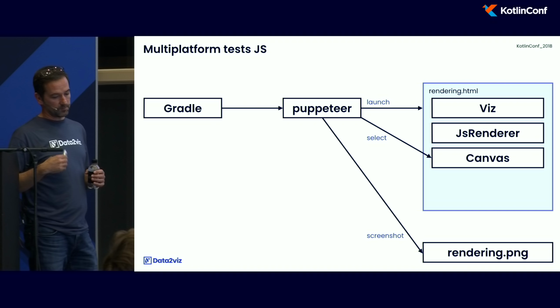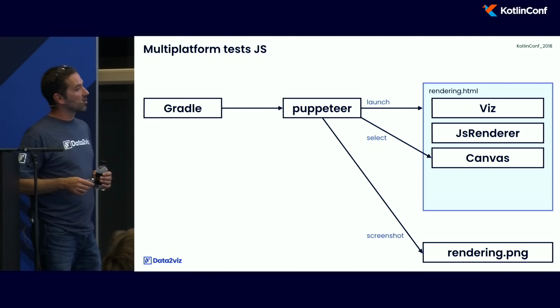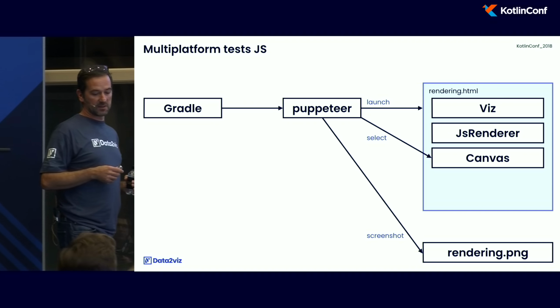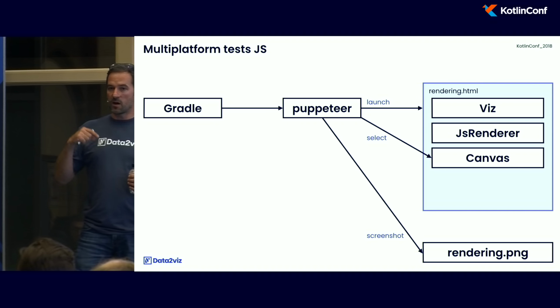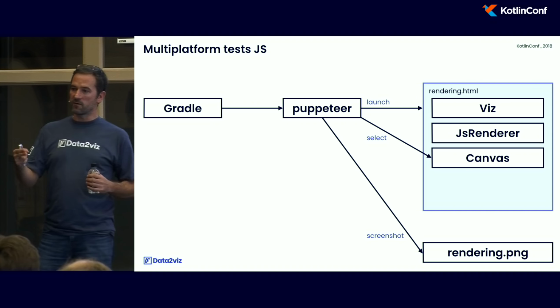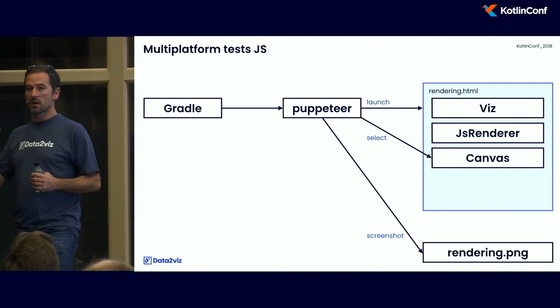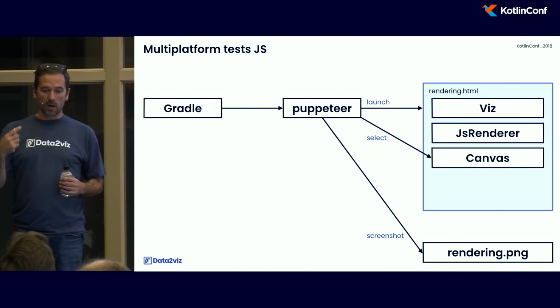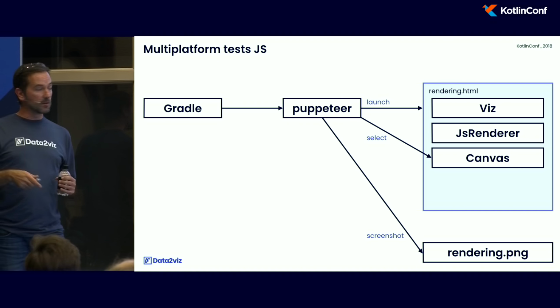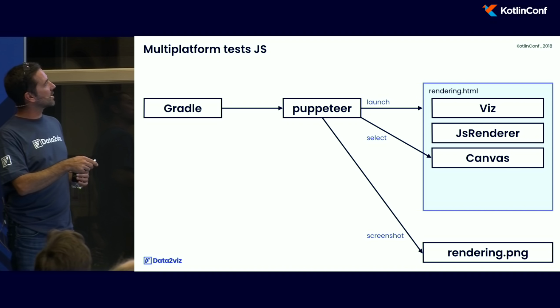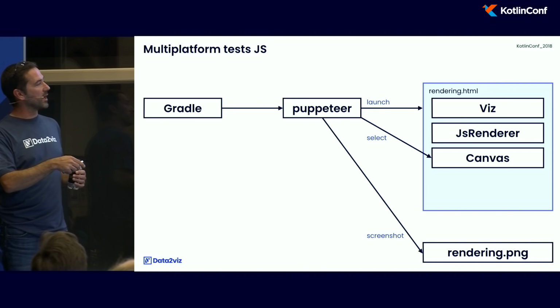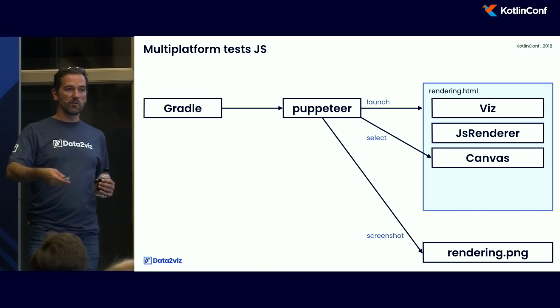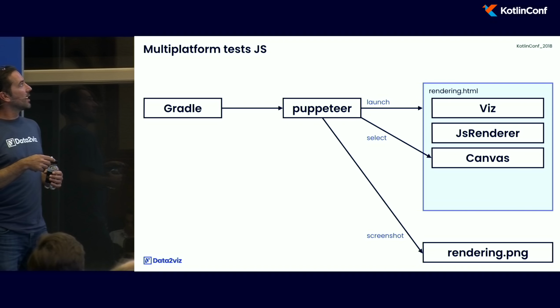On the JS platform, we used Puppeteer, which is an API that gives access to a headless Chrome browser, so you can launch a browser. Here we launch a browser with the visualization, and the renderer creates a canvas and an image inside the canvas.